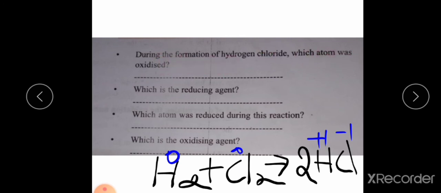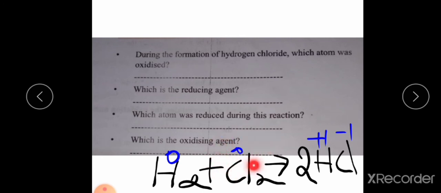Which is the reducing agent? In the last class I told you oxidation equals reducing agent. So the answer is hydrogen only. Which atom was reduced during this reaction? So what is reduction? Gaining of electrons is called reduction. One more definition we studied: in a process, if the oxidation number decreased, then we can call it reduction.